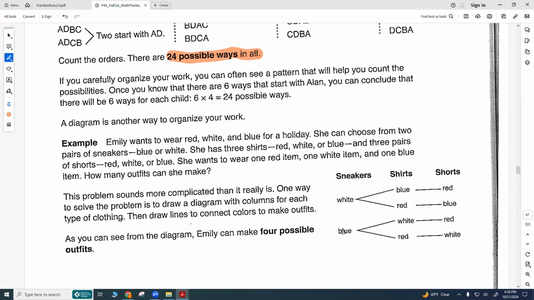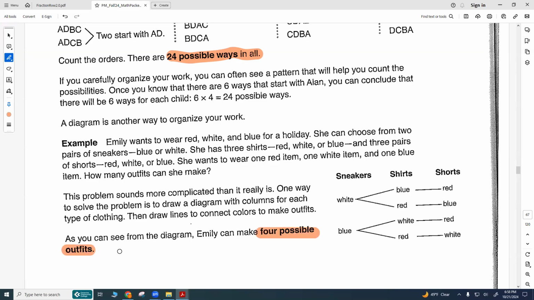And then if I wear my blue sneakers, then that means I could wear a white shirt and red shorts, or a red shirt and white shorts. So here we know that with this combination of sneakers, shirts, and shorts, and how Emily wants to color coordinate, she can make 4 possible outfits. Okay.